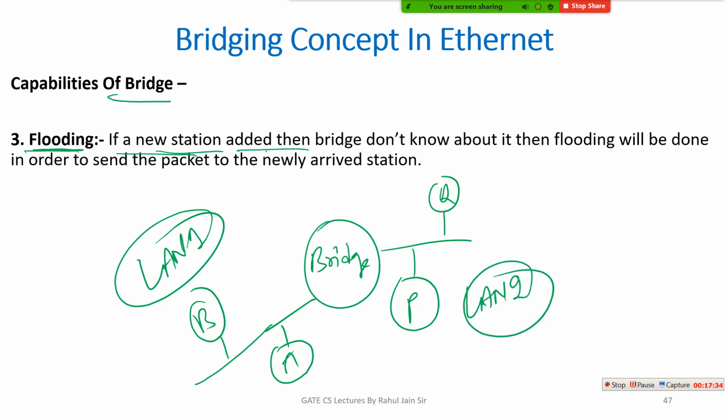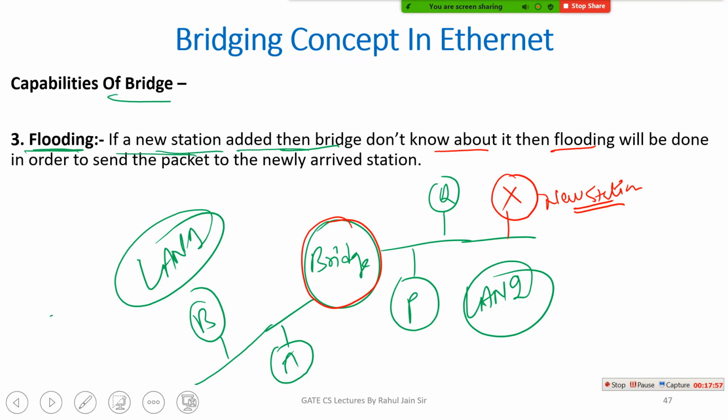So if a new station is added, for example, a new station with the name X is added here, then currently the bridge doesn't have any information about this station.